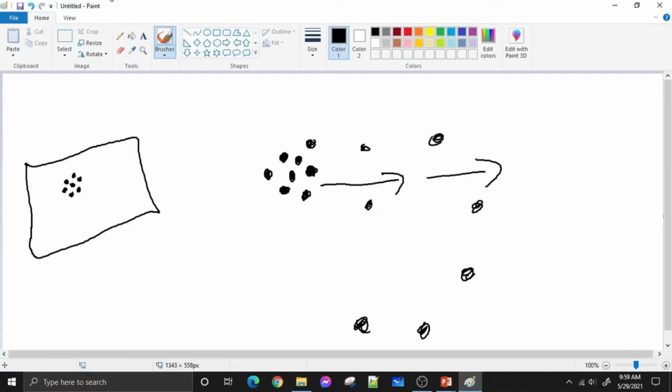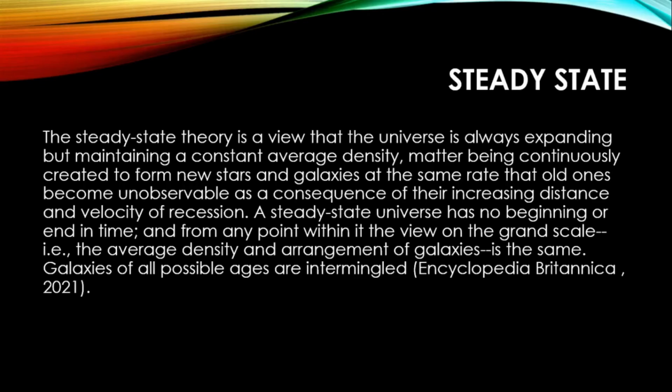The dots stay the same, but the distance increases, so they move away from each other. Basically, that's what the steady state wants to explain about how the universe expands.